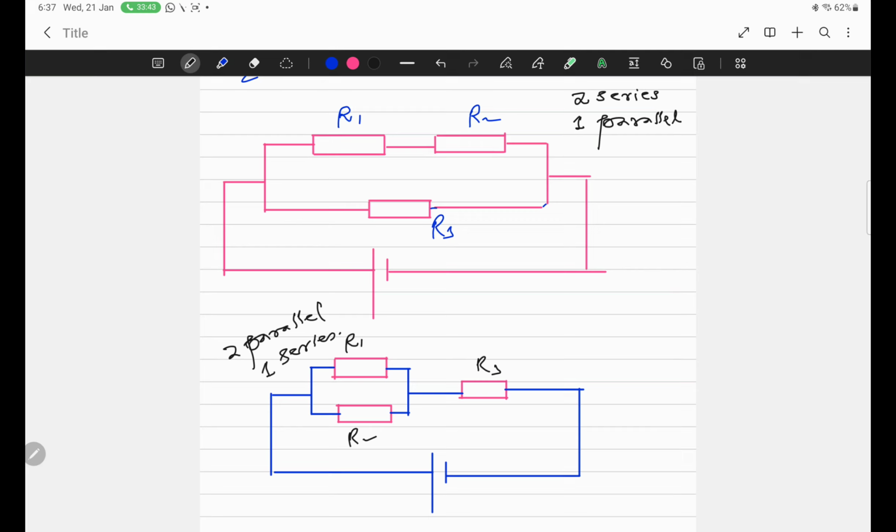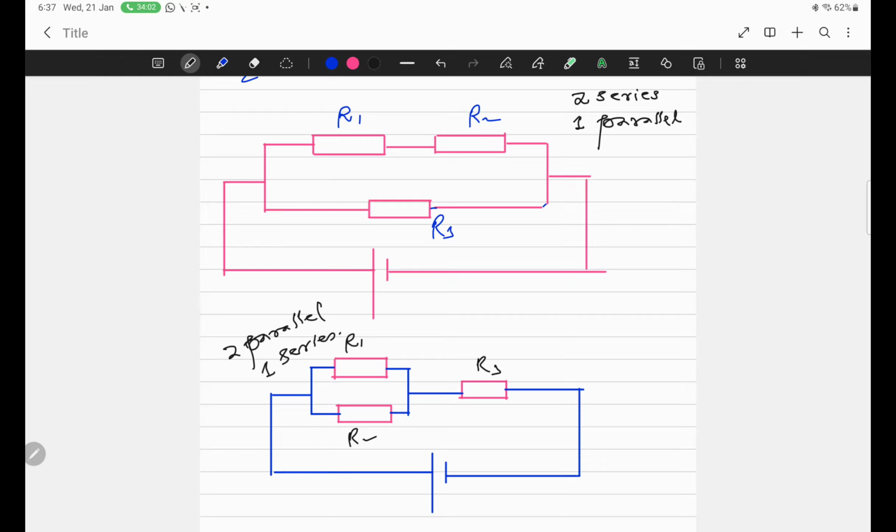So today we are going to start series parallel circuits or DC circuits. In series, there is one path for the flow of current. In parallel, there are many paths for the flow of current.